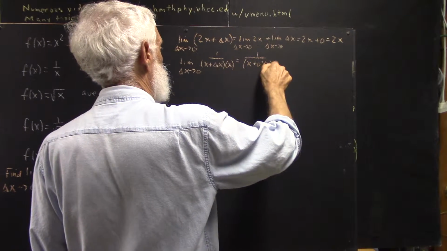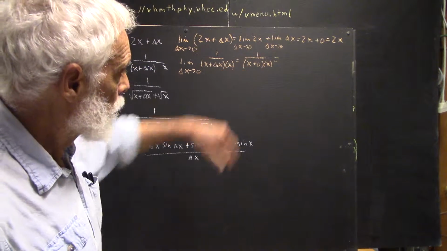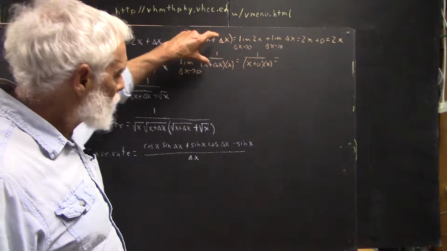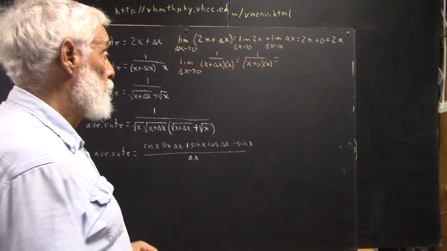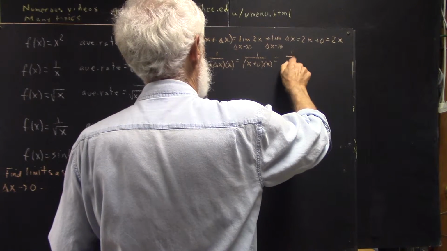I'm being a little bit cavalier, but this is sufficient for this part of the course, although you want to be able to rigorously apply the rules of limits. And this is just 1 over x squared.